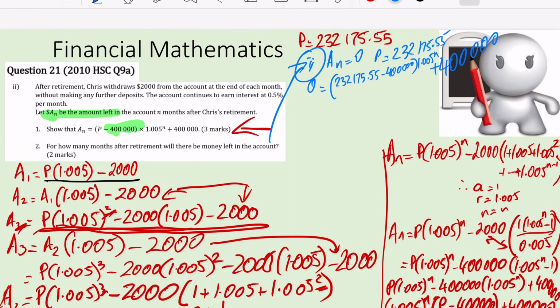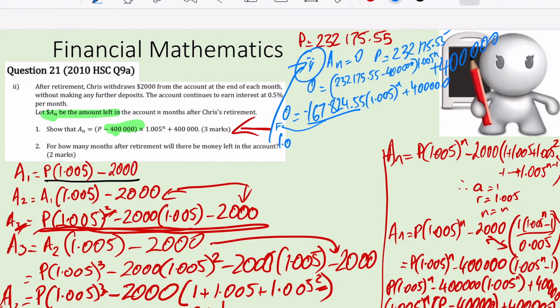All right, so 0 equals negative 167,824.55 multiplied by 1.005^n plus 400,000. I'm trying to fit everything on the same page. Now we'll move this to the other side, then divide by that.